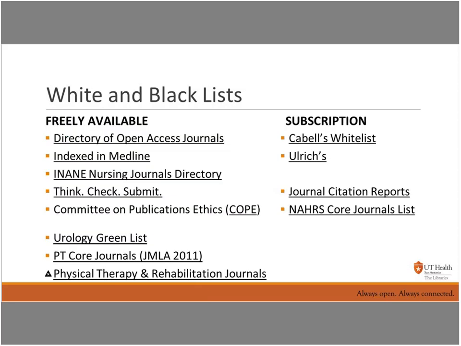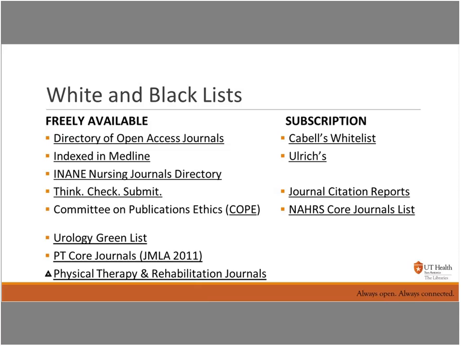Okay, so then let's talk about white and black lists. Some of you may have subscriptions to Cabell's whitelist or blacklist. Cabell's blacklist was another one that took up some of the work that Jeffrey Beall was doing when his list ended. Those are subscription. There are points of caution with each of these.